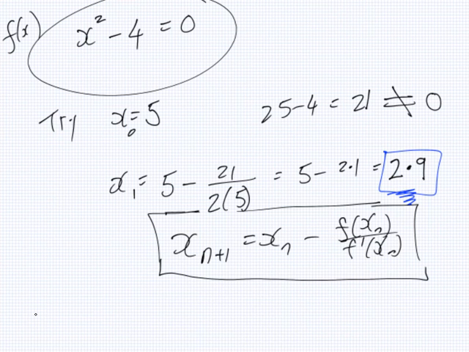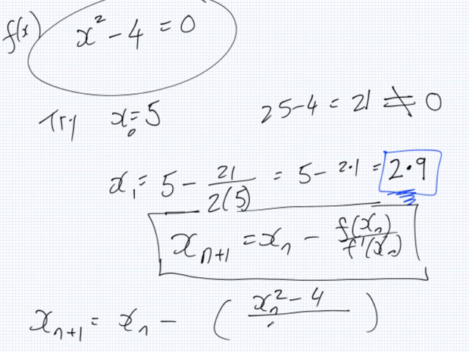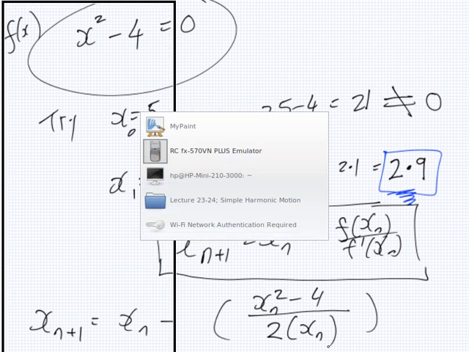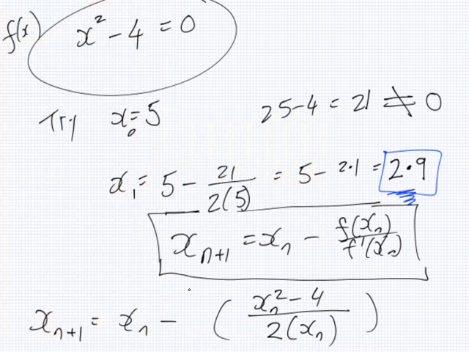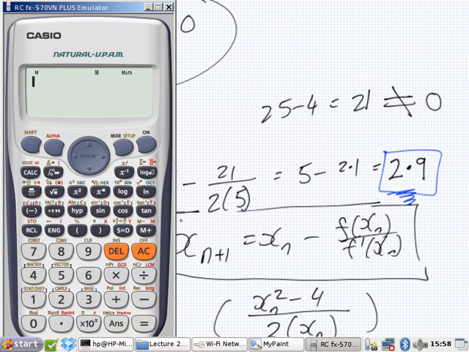According to this example, x(n+1) equals xn minus f(xn) over the derivative. Like that. Right. Let's try this. So, first I started with 5 and then I got 2.9. Let's see what happens if I use 2.9. 2.9 minus fraction 2.9 squared minus 4 over 2 times 2.9.